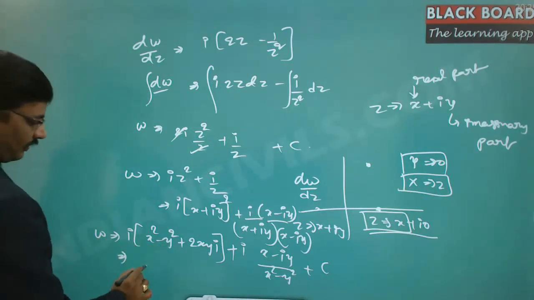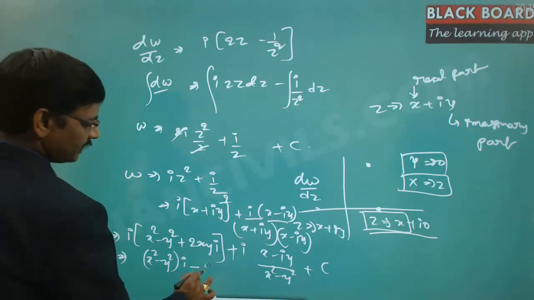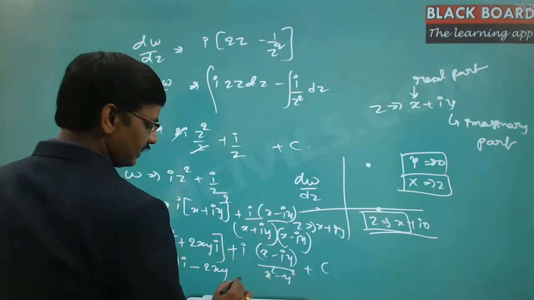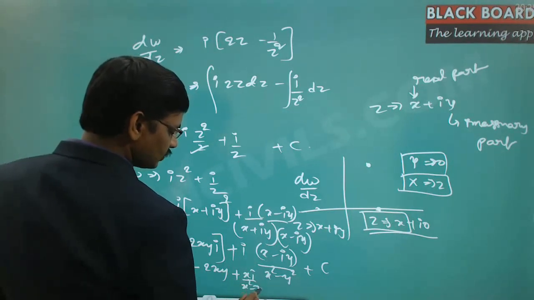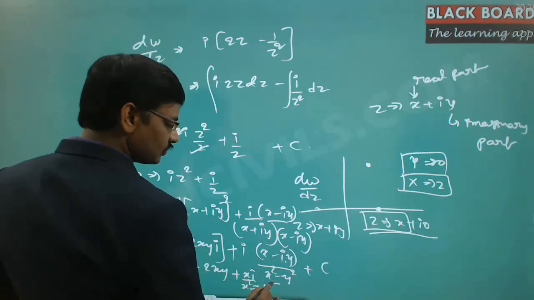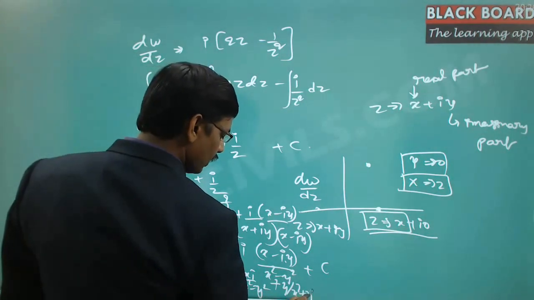So this is going to be (x square minus y square) into i minus 2xy, and then if you multiply the i, this is going to be plus xi by (x square plus y square), and minus i into i is going to be plus 1 into y by (x square plus y square).